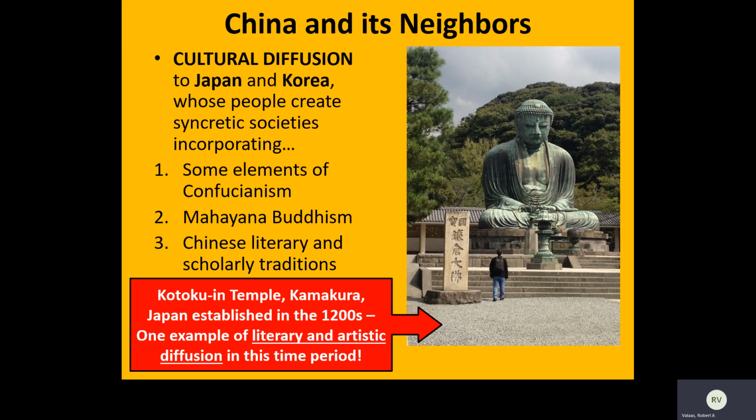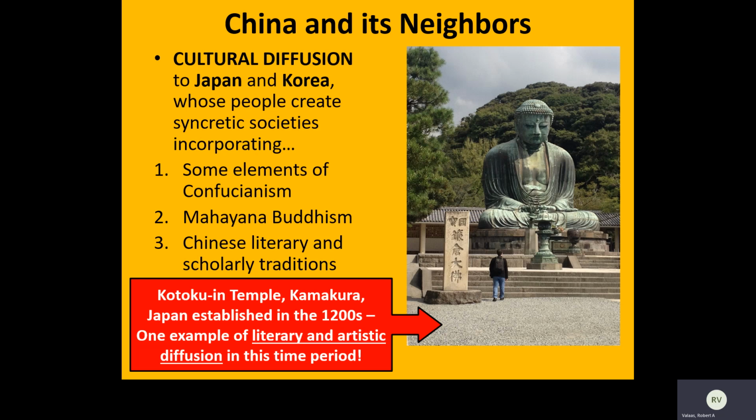That in this time period, Japan and Korea were very much impacted by their centuries of interaction with China, and whose people had created syncretic societies, incorporating both indigenous Japanese and Korean elements, but also key elements of Chinese culture, including some elements of Confucianism, Mahayana Buddhism, as seen here in the giant Buddha of Kamakura, built in the 13th century, or cast in the 13th century, Chinese literary and scholarly traditions.